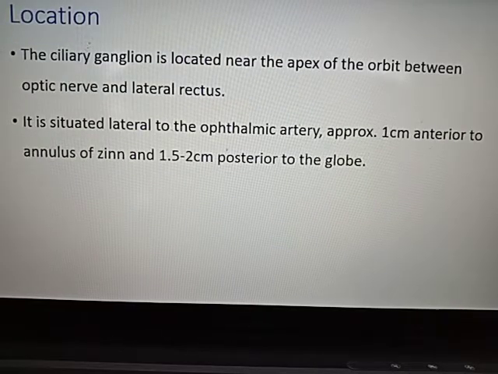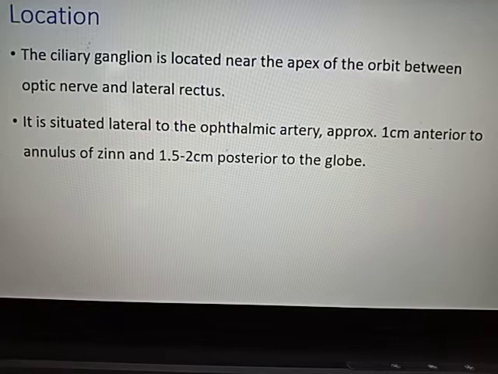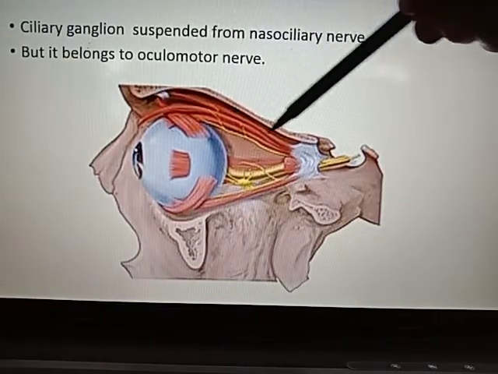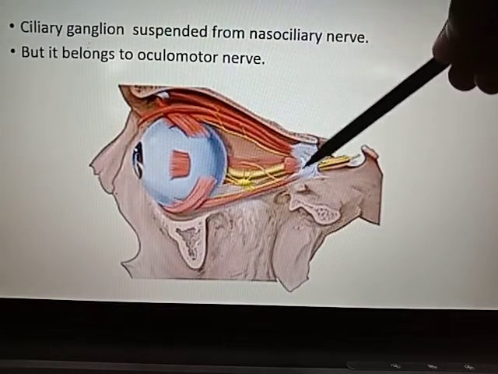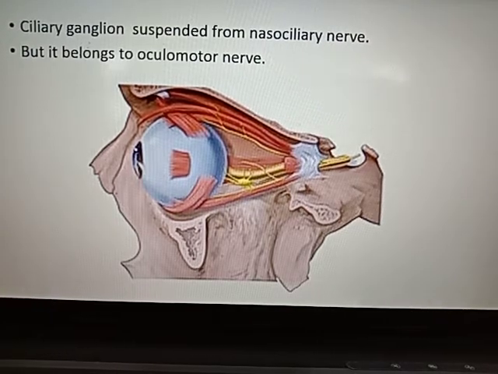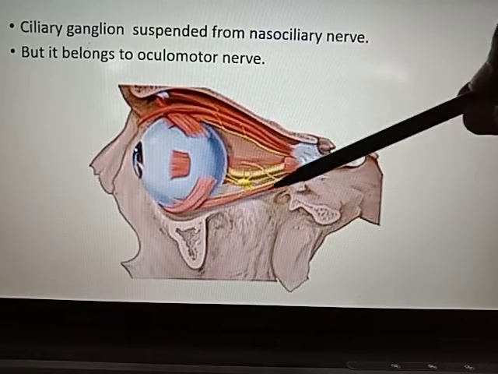Then come to the location of this ganglion. The ciliary ganglion is located near the apex of the orbit between the optic nerve and the lateral rectus. So this is the orbit and this part is the apex. It is situated near the apex of the orbit and it lies lateral to the optic nerve.